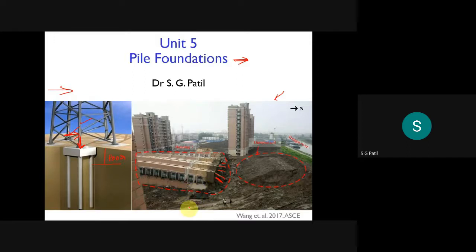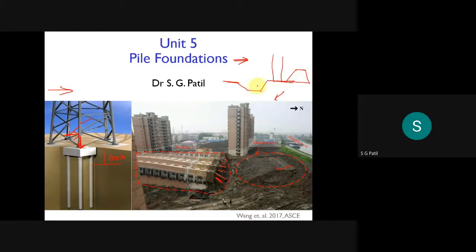They were doing some excavation just in front of this structure, and whatever excavated material there was, they were dumping on the rear side of this structure. So it was something like this: this was the excavation going on, and here you have your structure, this apartment building, and here the dumping was taking place.